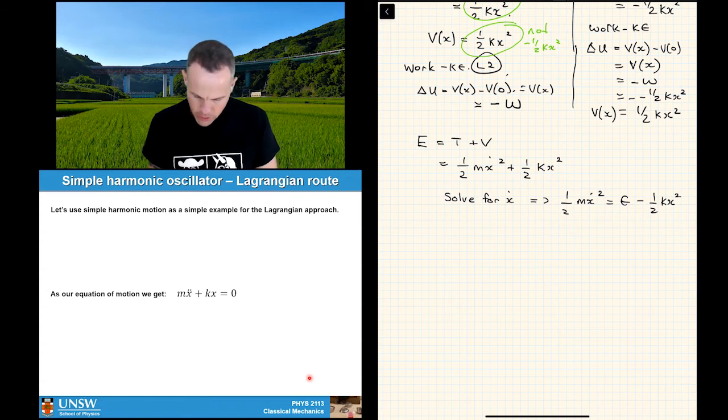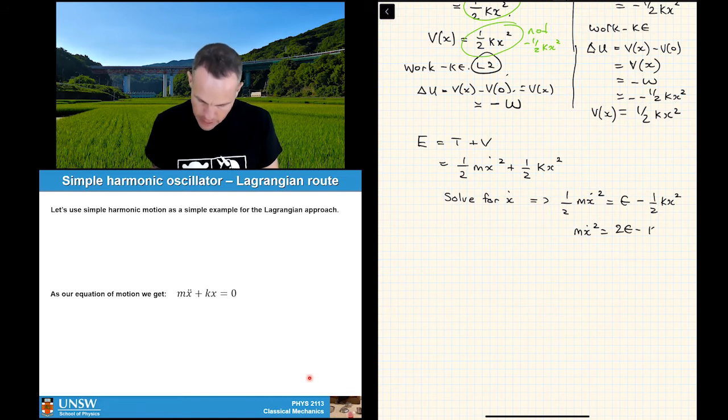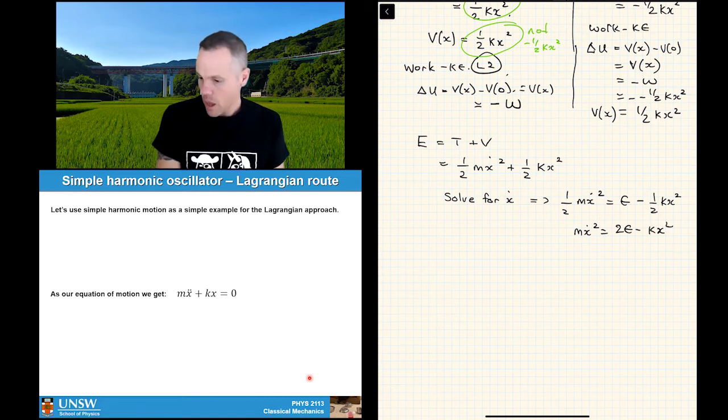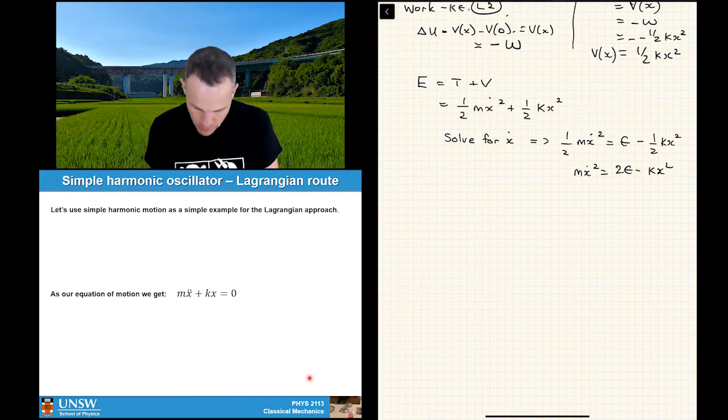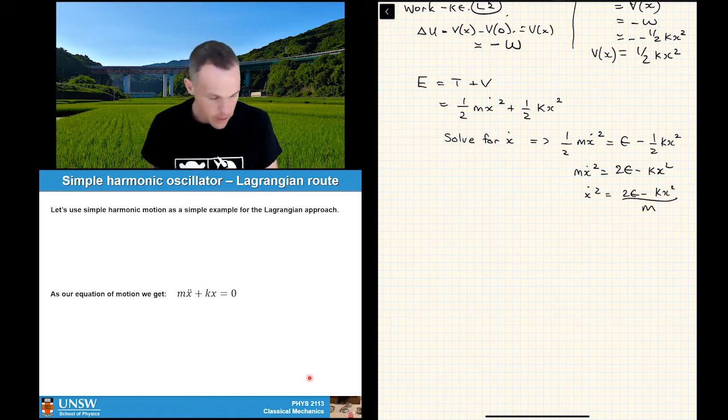I can get rid of the half here, so this will give me m x dot squared is 2E minus kx squared. I can get rid of the m as well, so this will give me x dot squared is 2E minus kx squared on m. And then I have to take the square root in here.